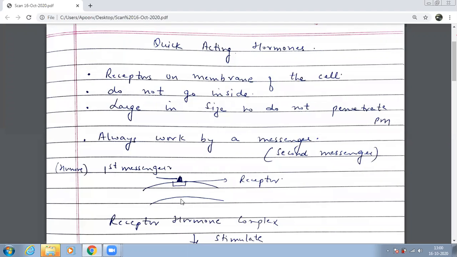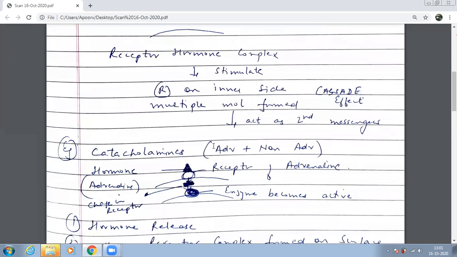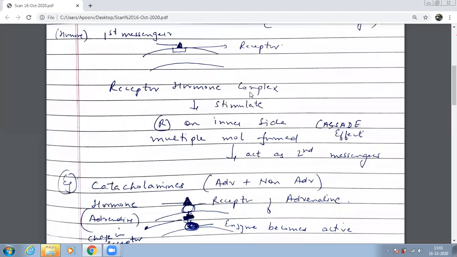This is in general I'm showing, beta. Then we will see the specific adrenaline example later. So this rectangular thing, what are we representing by this? Receptor. And what is this triangle thing which is binding? Hormone. So a complex is formed, known as which complex? Receptor hormone complex.